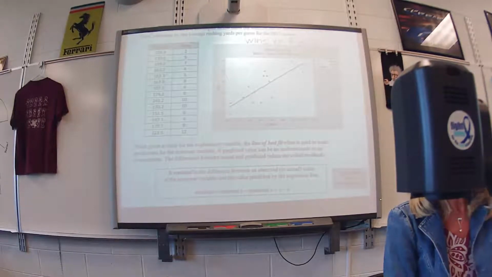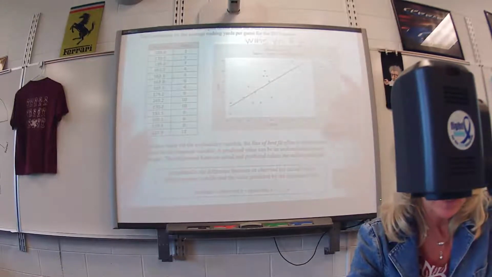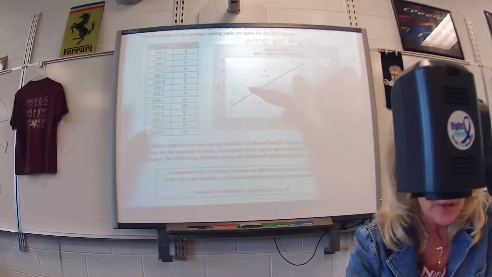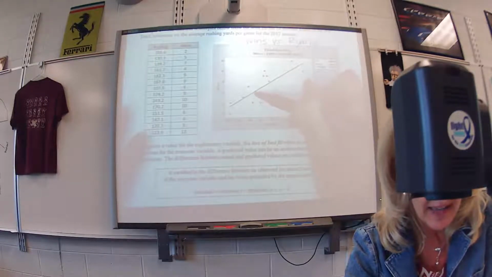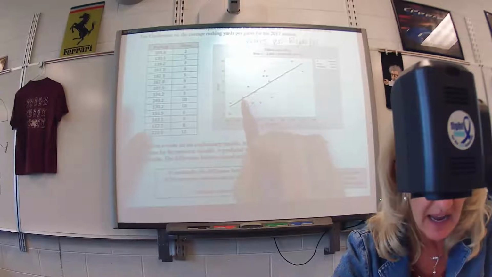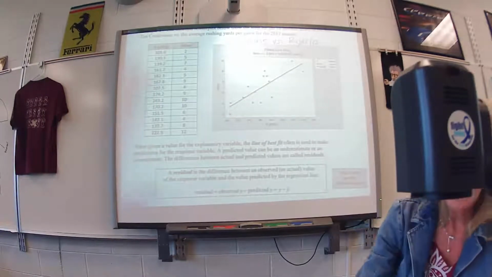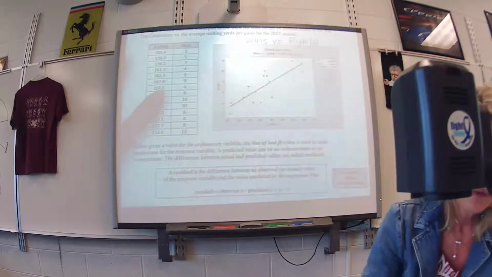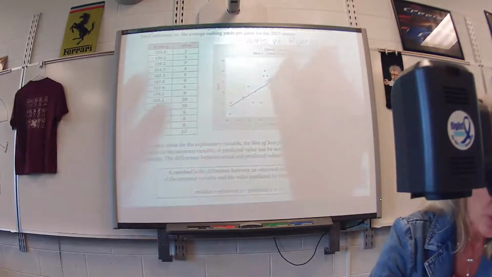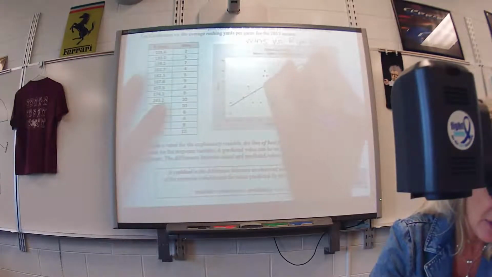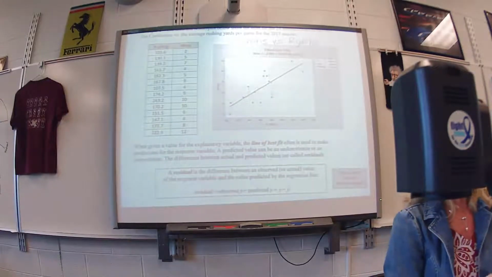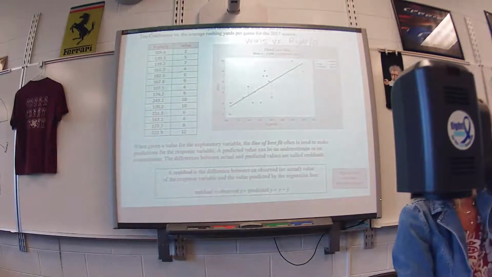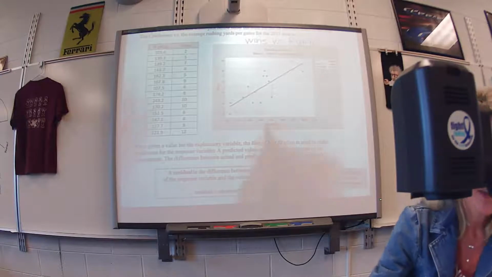Actually, with this method, what you have to picture is that every dot is either above or below the trend line. Some of them are pretty close to being on the trend line. But picture that you dropped a perpendicular, or brought up a perpendicular, from every point until it touches the trend line.